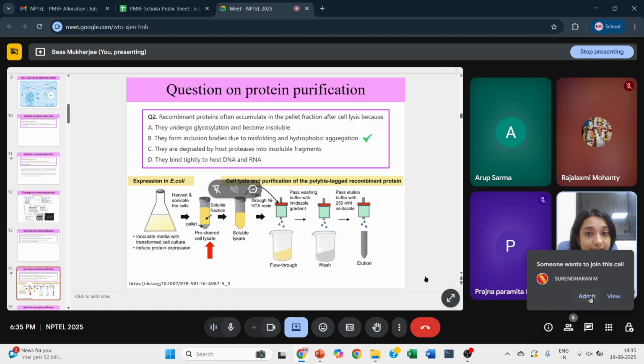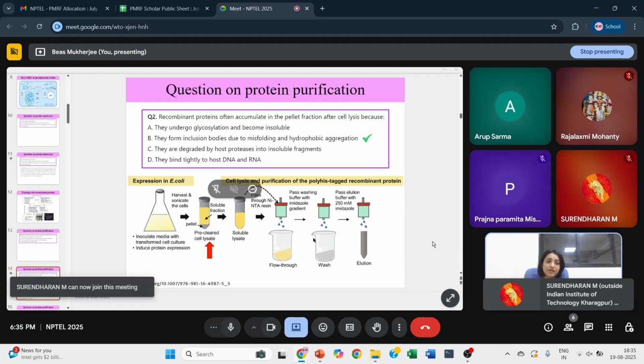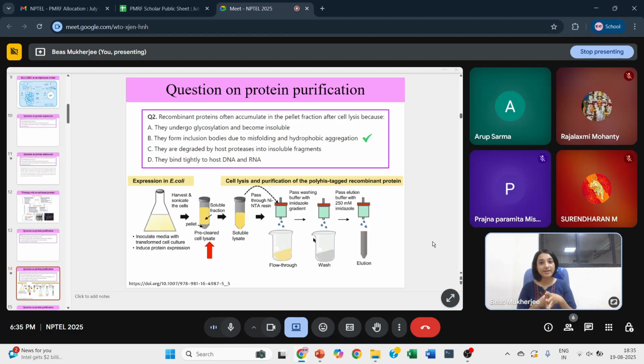So when that happens, there is aggregation. So let's say that a protein is produced in excess, right? And the protein aggregates through hydrophobic aggregation and misfolding, and all the protein goes into the inclusion bodies in the cell.